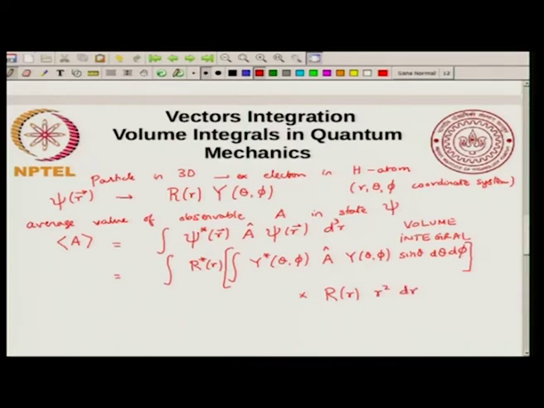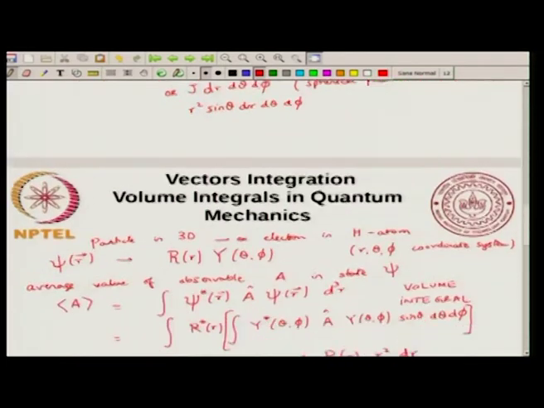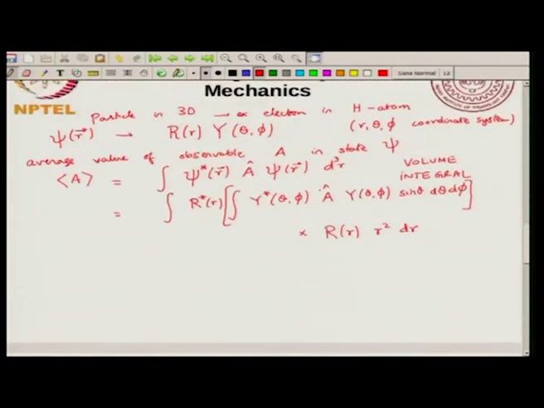Now, just look back at the previous discussion. What I said is that your dx dy dz, or d cube r, is r square sin theta dr d theta d phi. That is a property of spherical polar coordinates. So in spherical polar coordinates you have this r square. This r square only affects the integral over r, it does not affect the integrals over theta and phi.